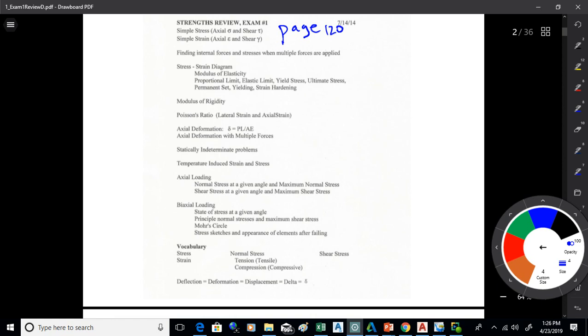The other thing we did was, I think, page 200, I can't remember these pages, where we did a simple example to show the difference between normal stress and shear. It was a block that we went through, and I'm pretty sure that was page 200.